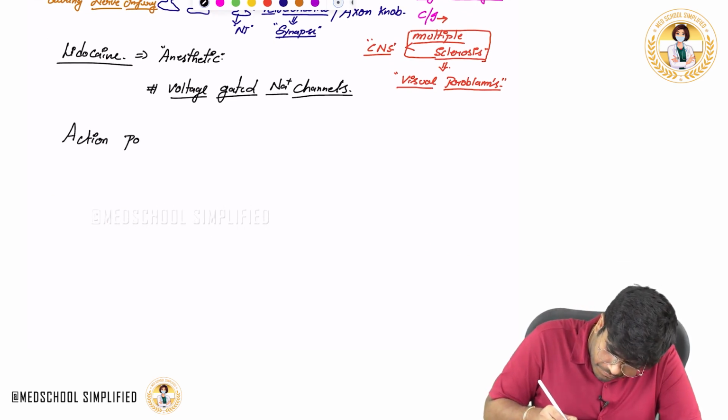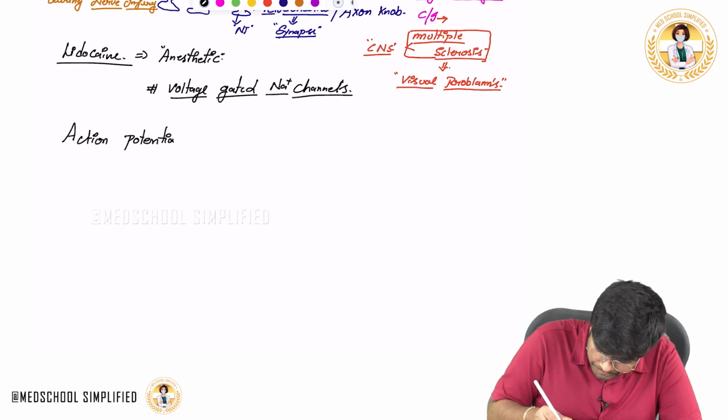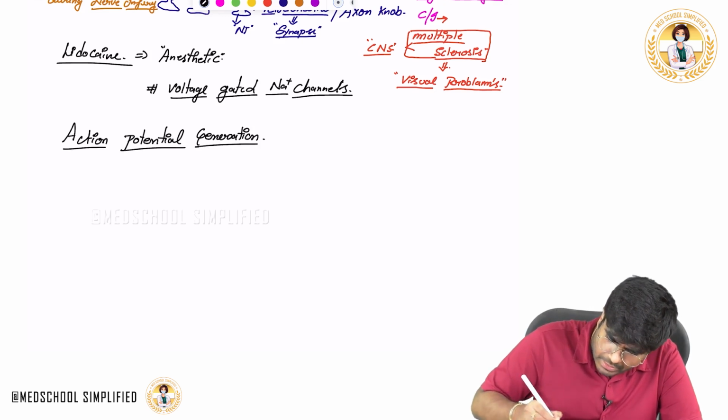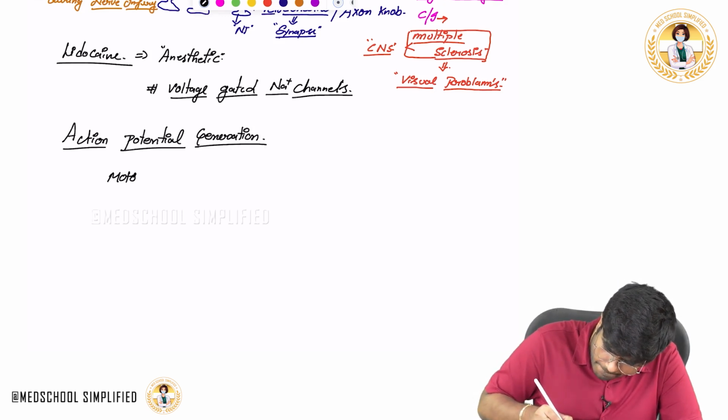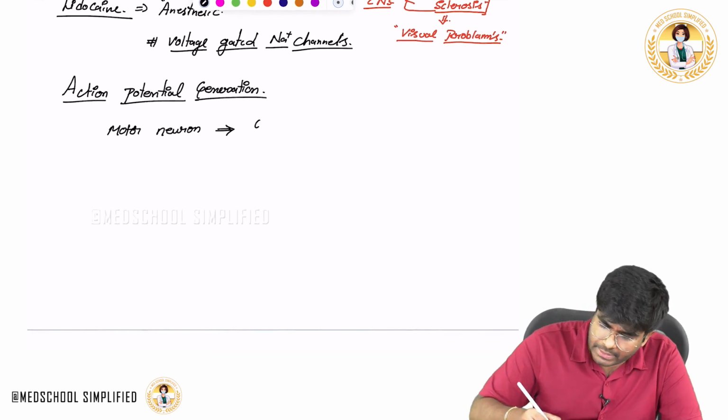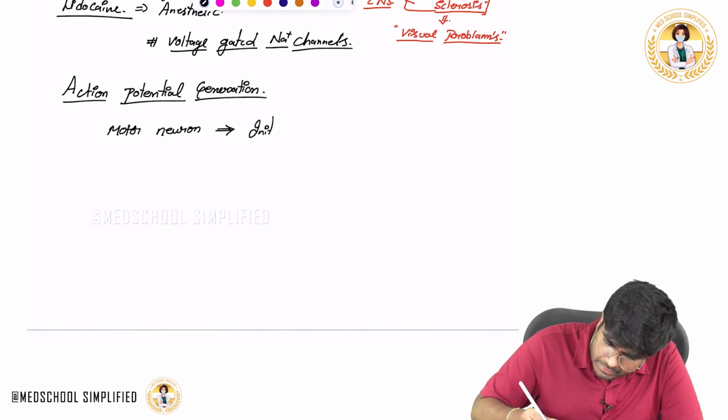Action potential generation. For a motor neuron, the action potential is generated in the initial segment.